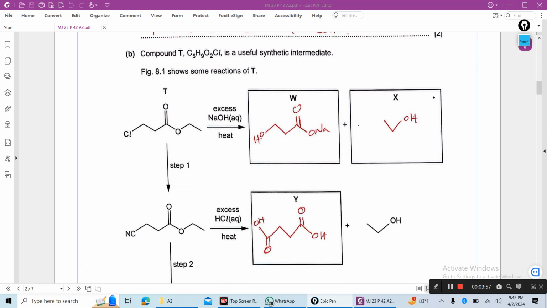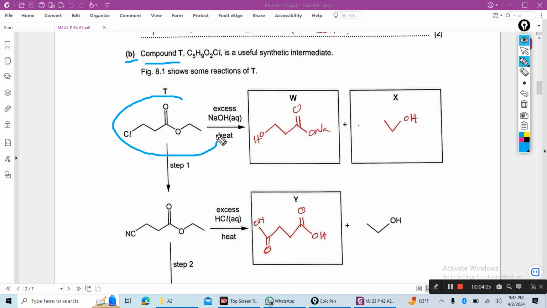Now next one, B. Compound T, this is compound T, C5H9O2Cl, is a useful synthetic intermediate. Figure 8.1 shows some reactions of T. Here T reacts with excess sodium hydroxide and heat in reaction 1.